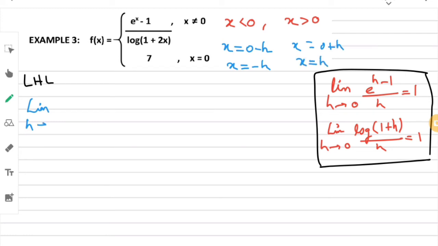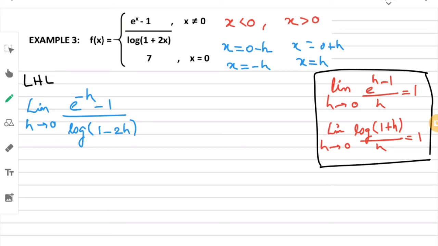So limit h tends to 0, e power minus h minus 1 whole divided by log of 1 plus 2 of minus h. This 2 of minus h has become minus 2h. Okay, fine.